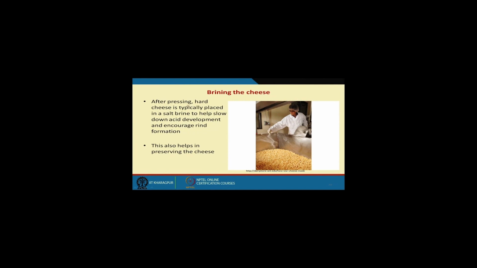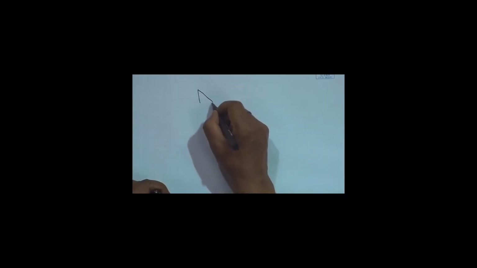For brining, after pressing, hard cheese is typically placed into salt brine to help slow down acid development and encourage rind formation. Rind, as I told you, means a hard structure. If the upper structure of the cheese is hard, then the contamination problem will be less.